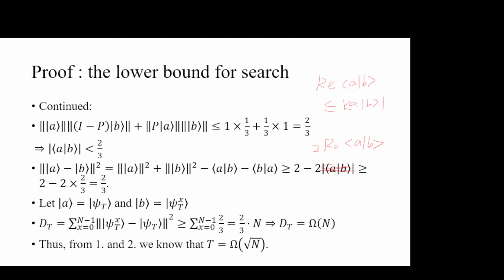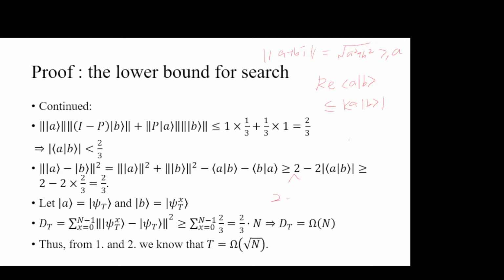Because if you have a plus bi, then the absolute value is the square root of a squared plus b squared, and this is also greater than or equal to a. So the real part of the inner product is less than or equal to its absolute value, and so let's get to this equation here with a bit of an extra step.